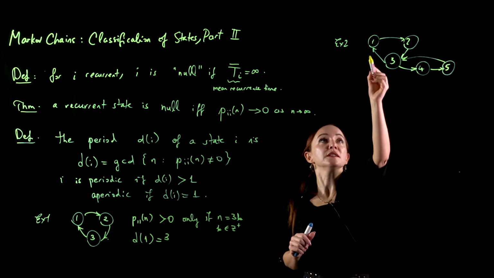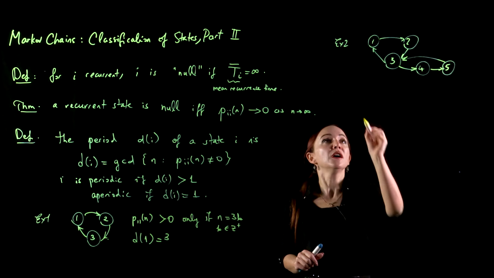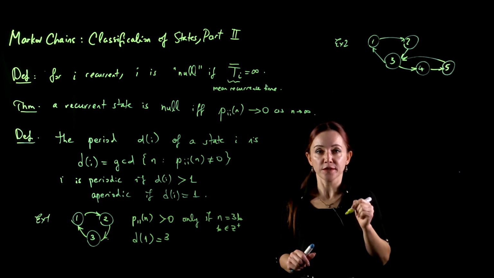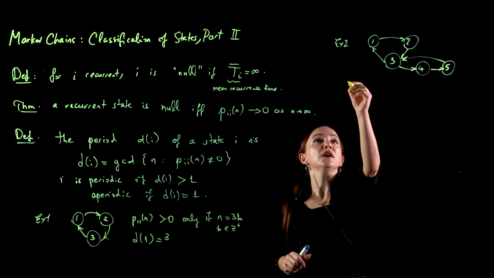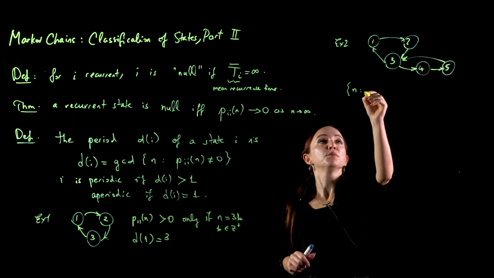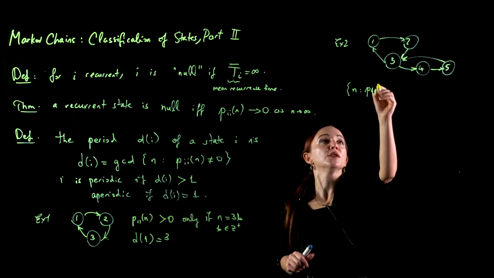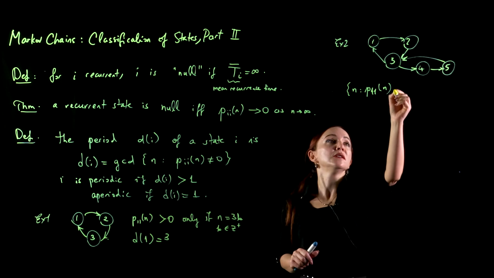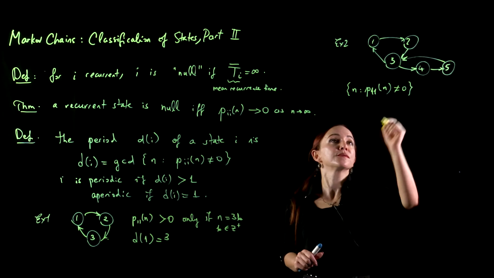Now let's again focus on state 1, and suppose we started in state 1. What are values of n such that p_11 of n is non-zero?